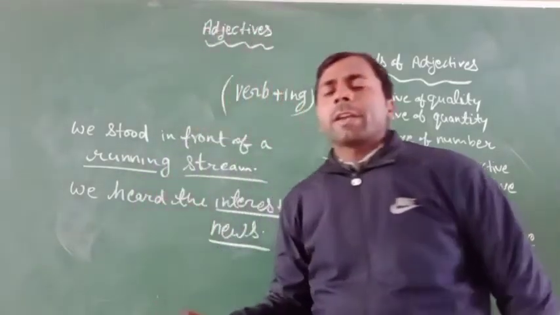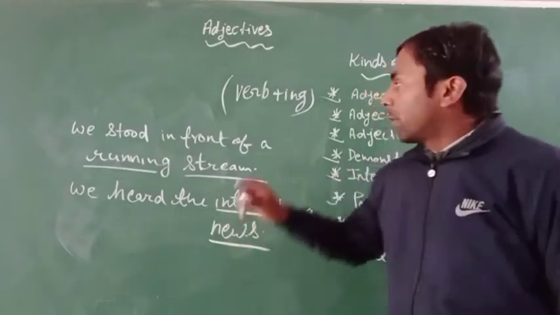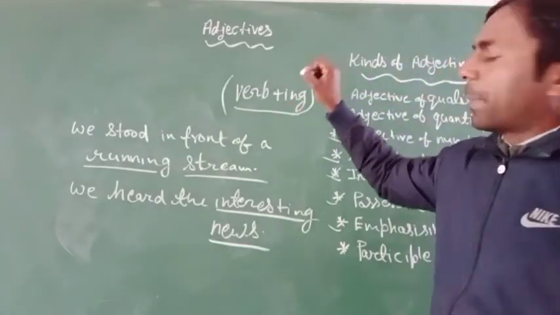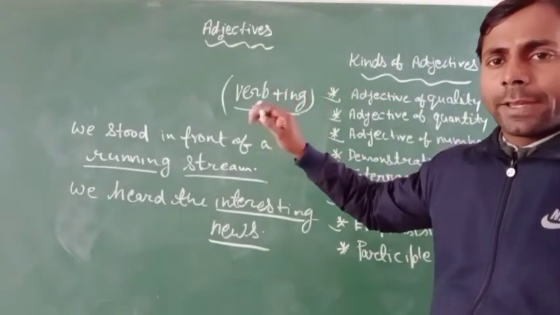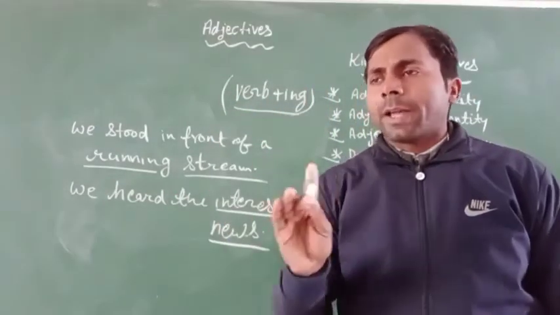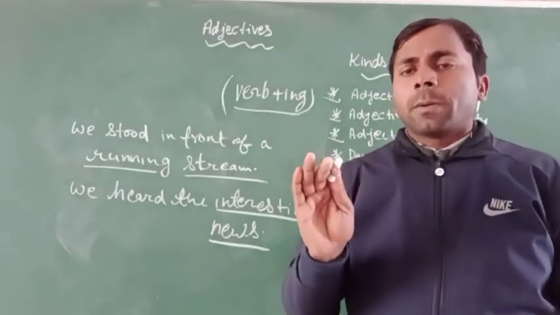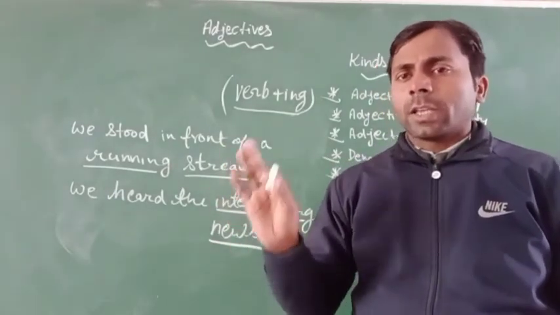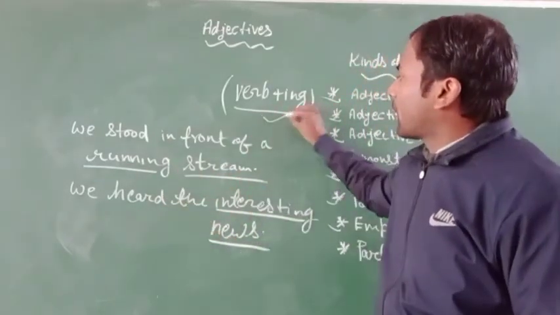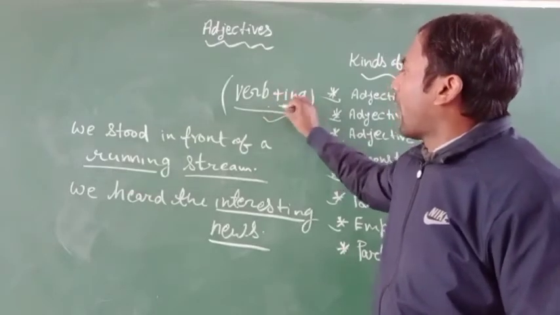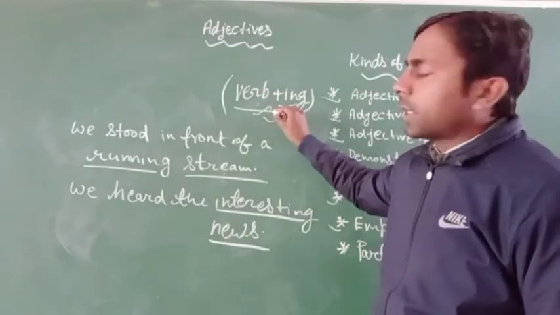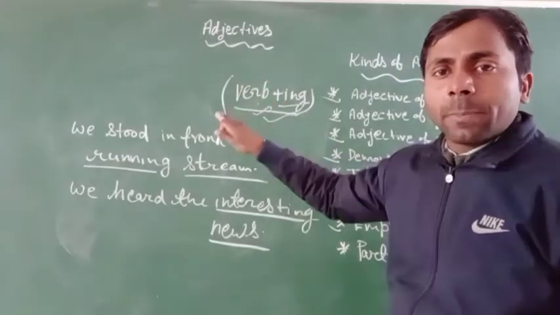When we use ing with the verb first form, this is called the present participle. I hope you remember the verb forms: first form, second form, third form, and present participle. So this is the present participle, where we add ing to the verb first form and make a gerund form.